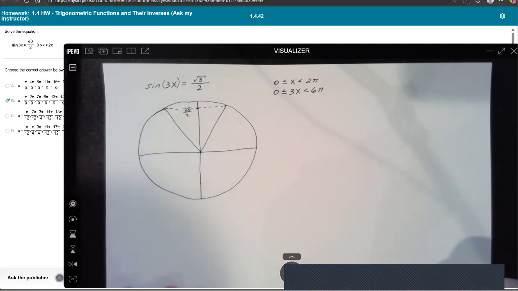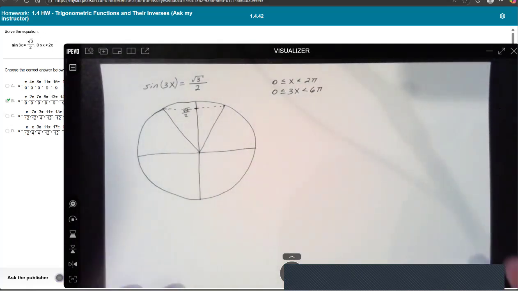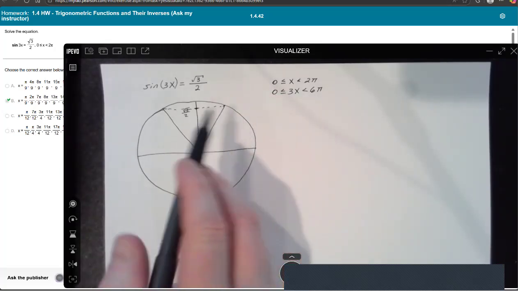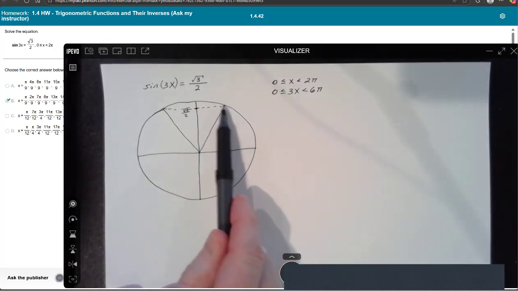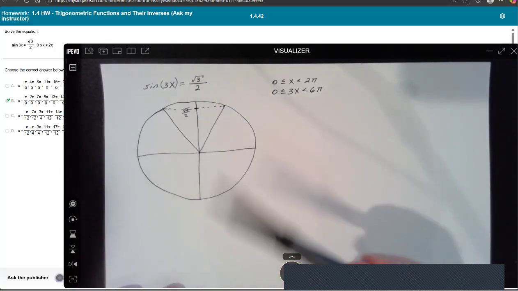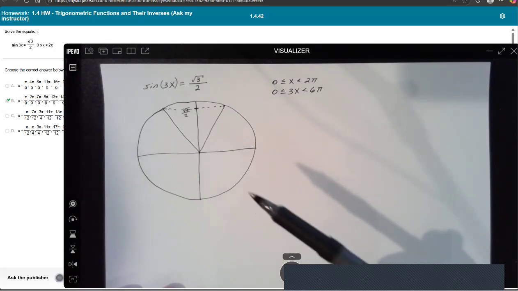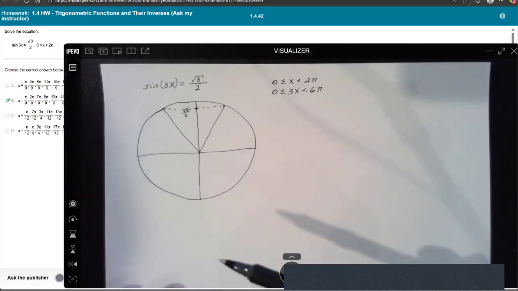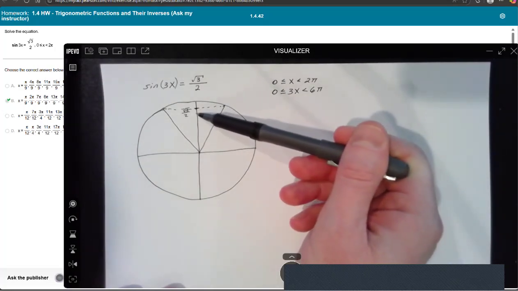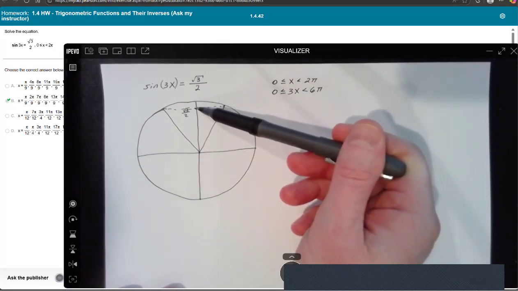Now, in the first revolution of the unit circle, the angles that are going to satisfy that criteria are when the angle in quadrant 1 gives you a y value of the square root of 3 over 2. Remember, you only need to know when y is three different values in there: when it's 0.5, when it's the square root of 2 over 2, and when it's the square root of 3 over 2.